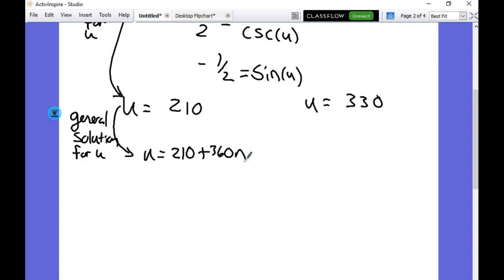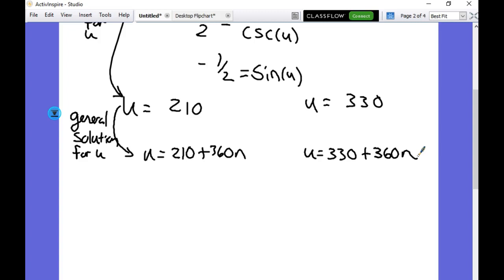Because usually the period for cosecant is 360, right? So every 360 degrees we get a repeated answer. Over here we have another one. We have to do both because when it comes to cosecant, both of them give different answers. So I've got two general solutions there, two formulas that will generate all the answers for me. But I still don't have theta yet.